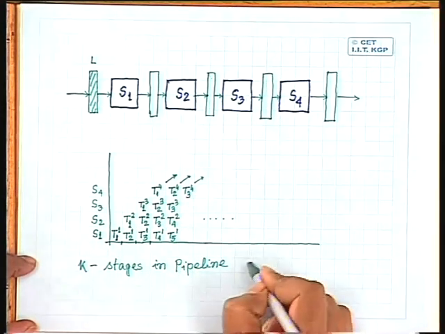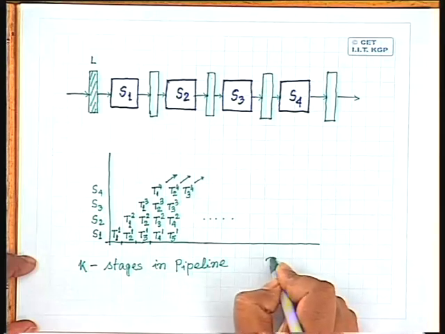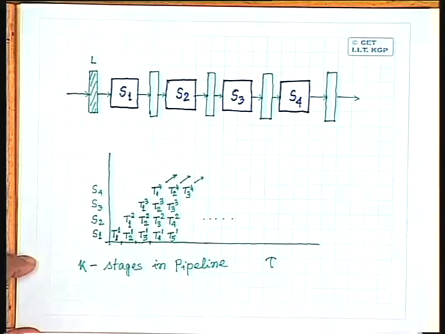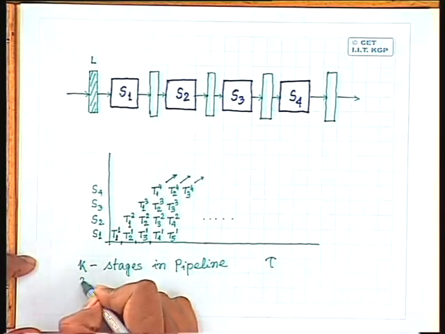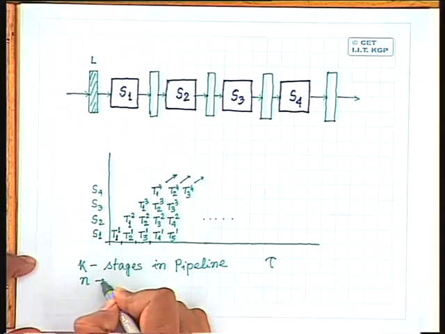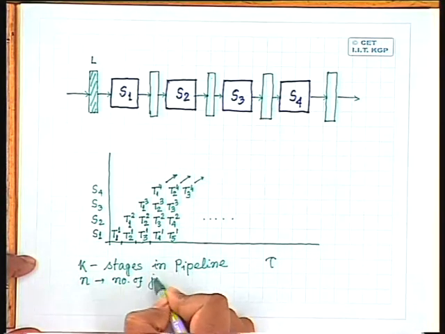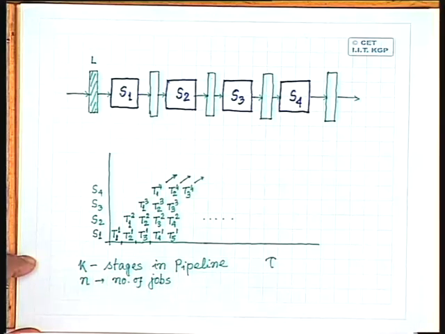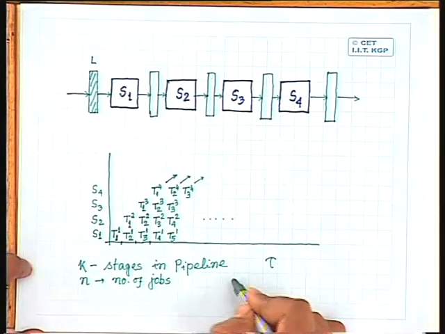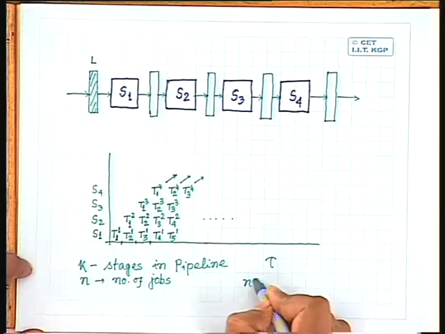where every stage takes a time tau for execution, and if I have n number of jobs to be executed, in that case, in a non-pipelined processor, the amount of time that will be taken is n times tau times k.